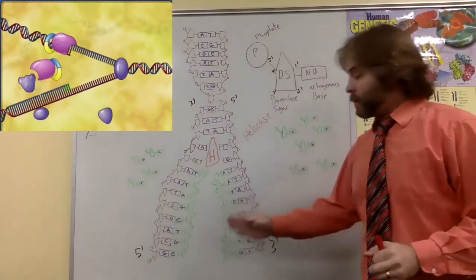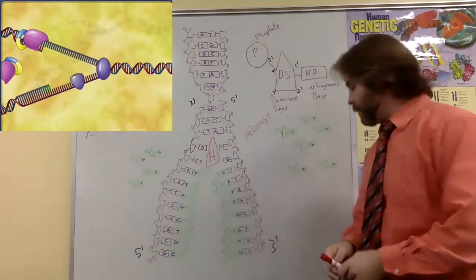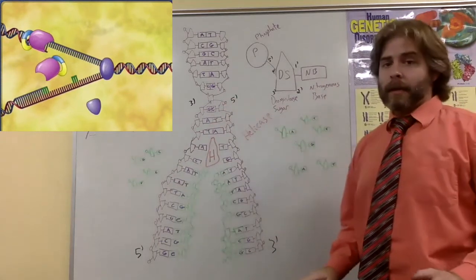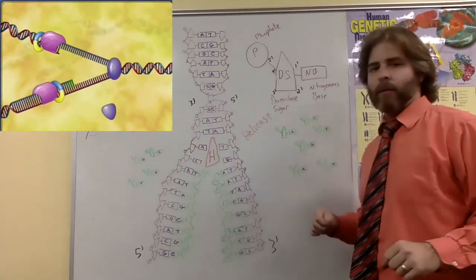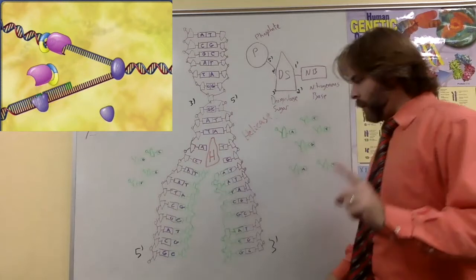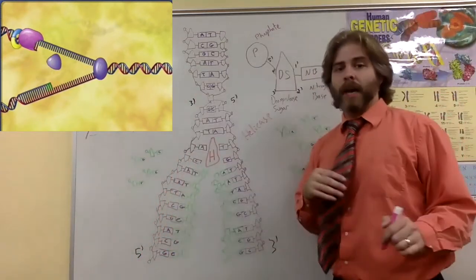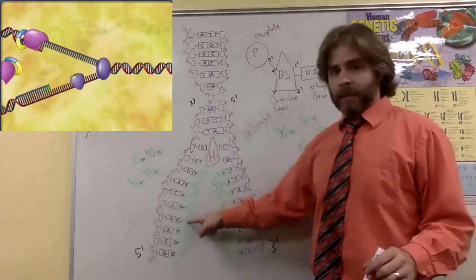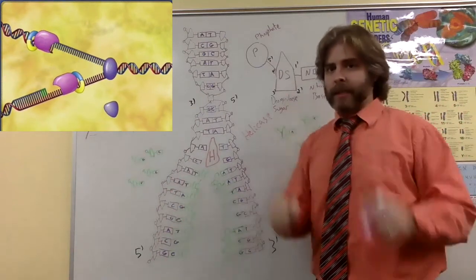Its job is to unzip the DNA. So I drew it like a zipper. And then we have another enzyme I did not draw here because I was lazy. It is called polymerase. And polymerase's job, once these bases get together, is to make sure that they actually stick together.